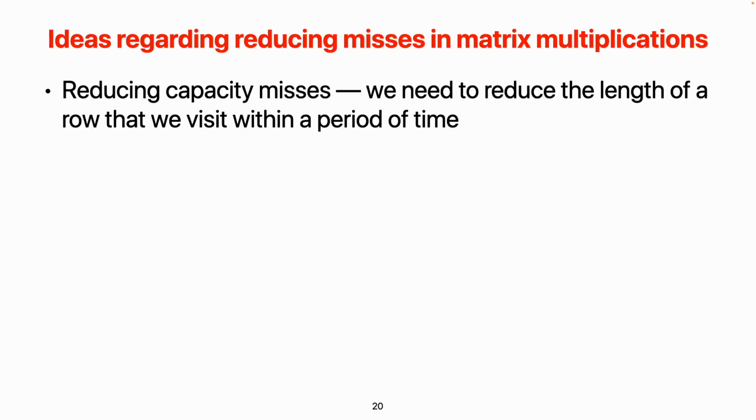The working set size within a window period of time is surpassing the capacity of the cache. So is there any way we can reduce the amount of elements that we have to visit, have to calculate, have to work on within a short period of time?